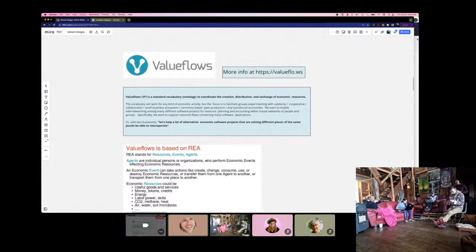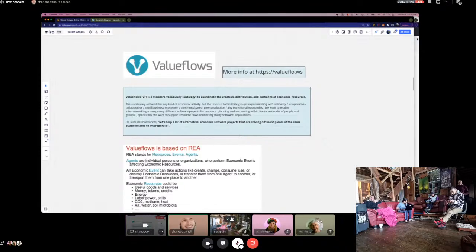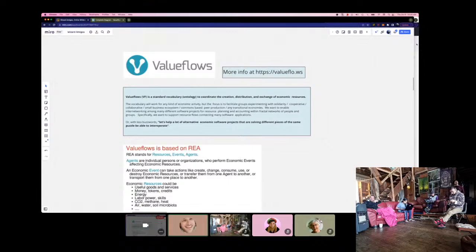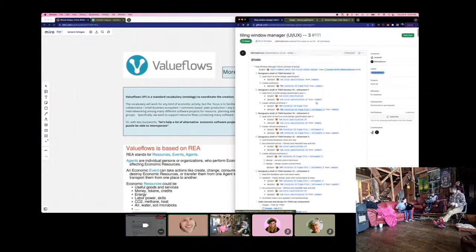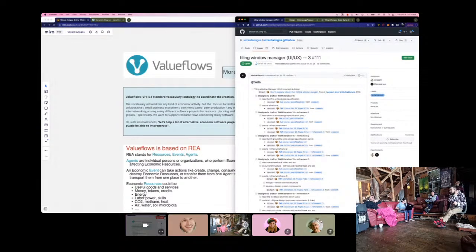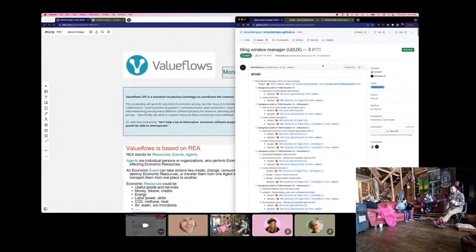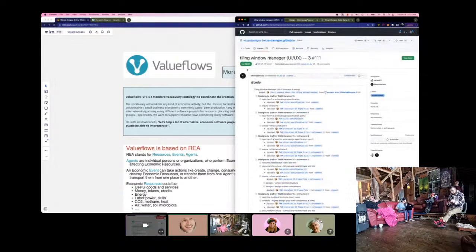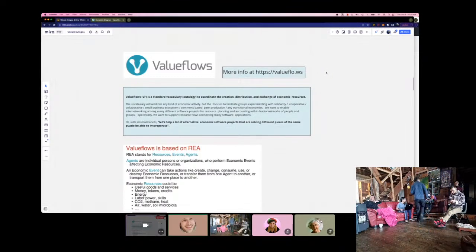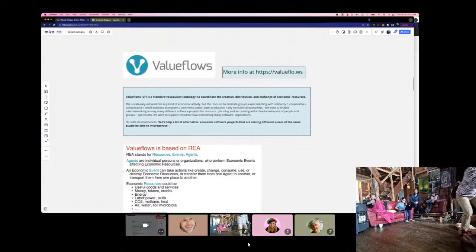With those simple patterns, we are going to attempt to model the Wizard Amigos GitHub project management and tracking system that we have here, specifically the tiling window manager UI/UX project. Then we'll tie it up at the end with that model and see how it can be translated into software. We're not going to be writing any code, but we'll talk about what the design might look like going from a Valueflows model to writing an application.